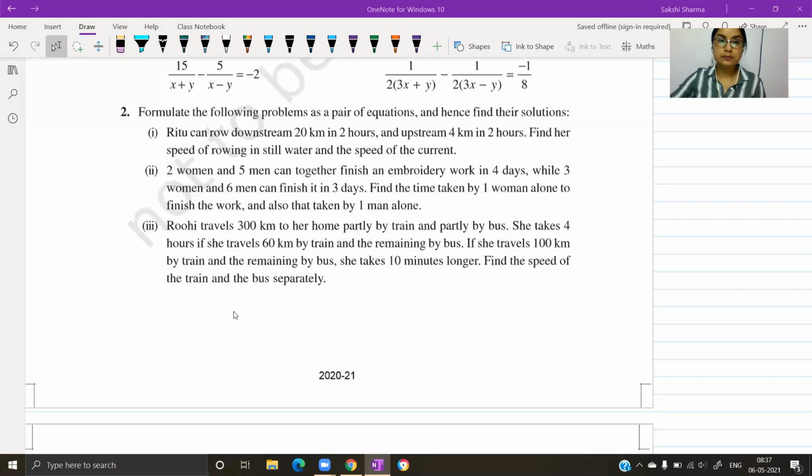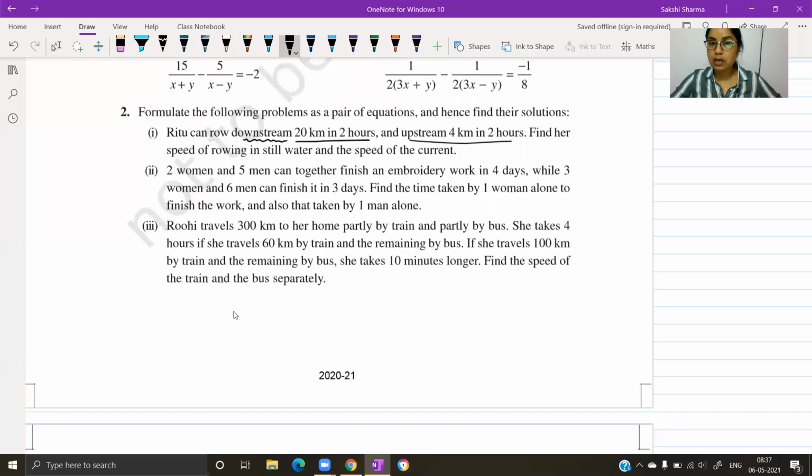So first part, Ritu can go downstream 20 kilometers in 2 hours and upstream 4 kilometers in 2 hours. Now, this is the question again based on speed, distance, time. So downstream simply means along the stream of water. If Ritu travels in the direction in which the water is flowing, the distance 20 kilometers is covered in 2 hours.